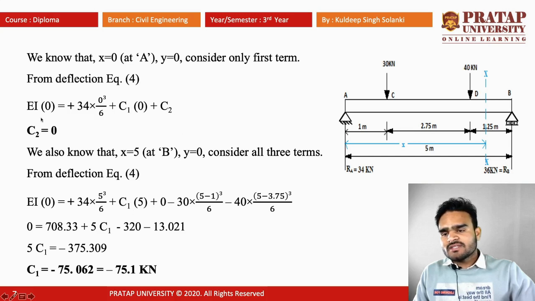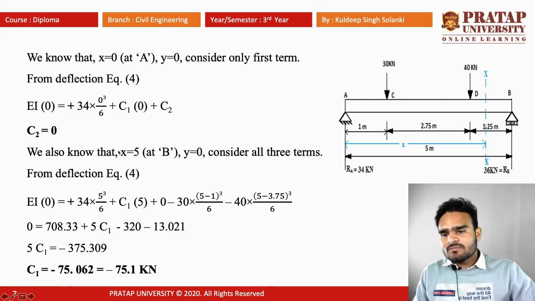We already know that C2 equals 0, minus 30 into (5 minus 3). Put the values of x and y, and after solving this equation we get the value of C1 equal to minus 75.1 kilonewton.